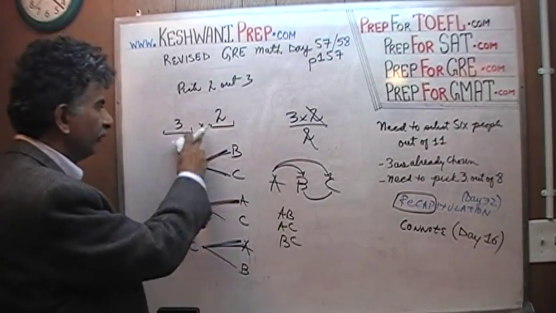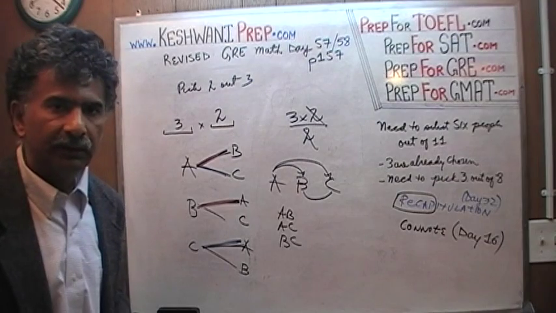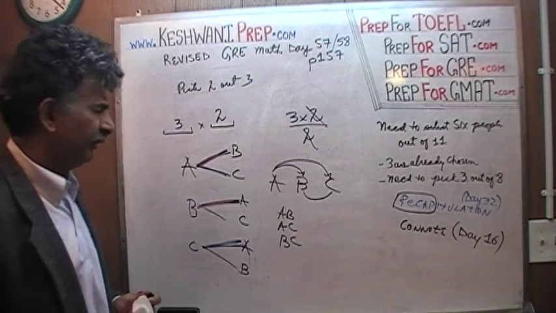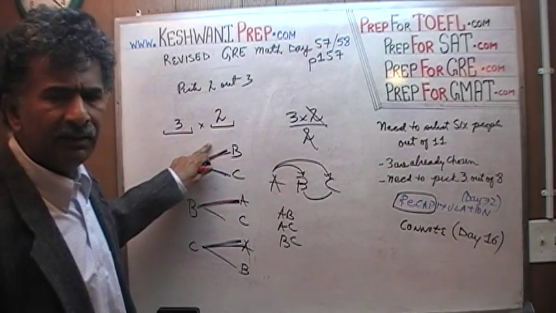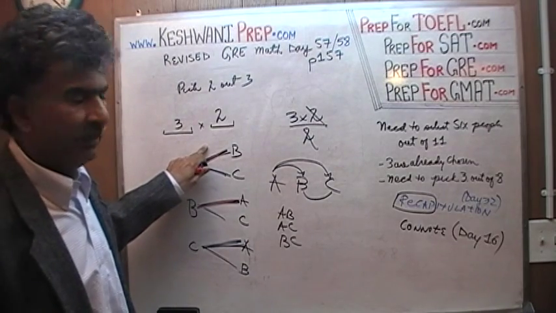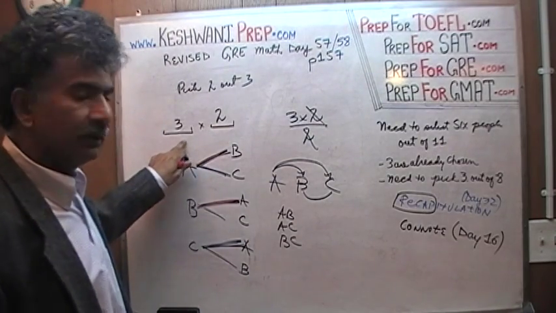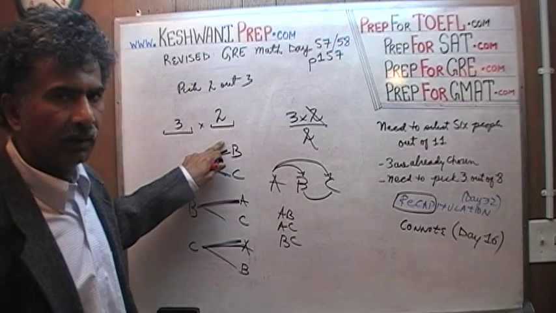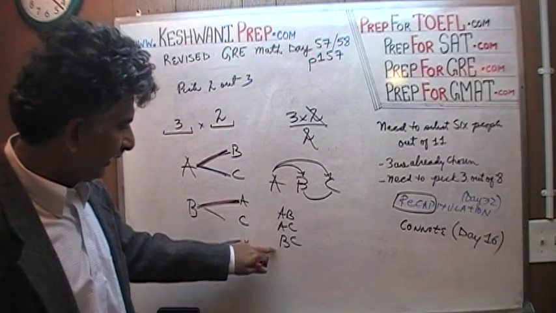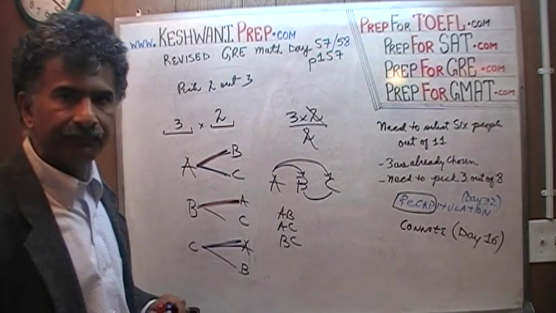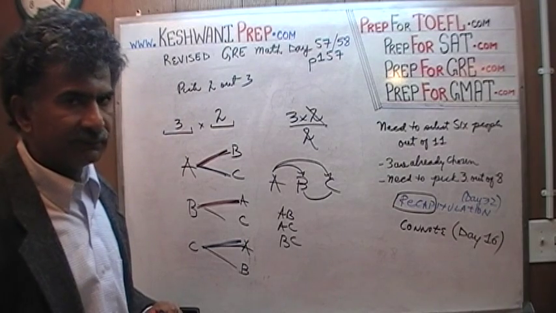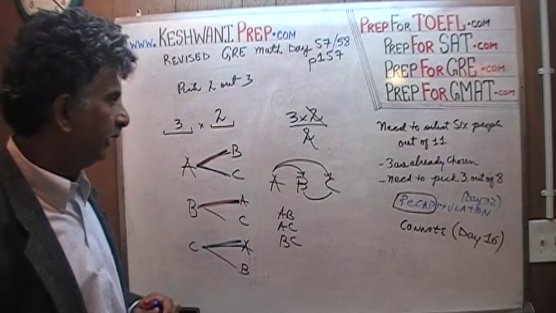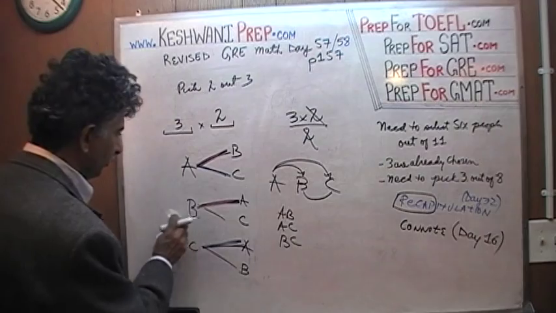There are not 6 different ways of picking two people out of 3. There are only 3 different ways right here, AB, AC, or BC. The mirror image does not count. And if you do not know what I'm talking about, the mirror image, I'm going to show you in a second here.